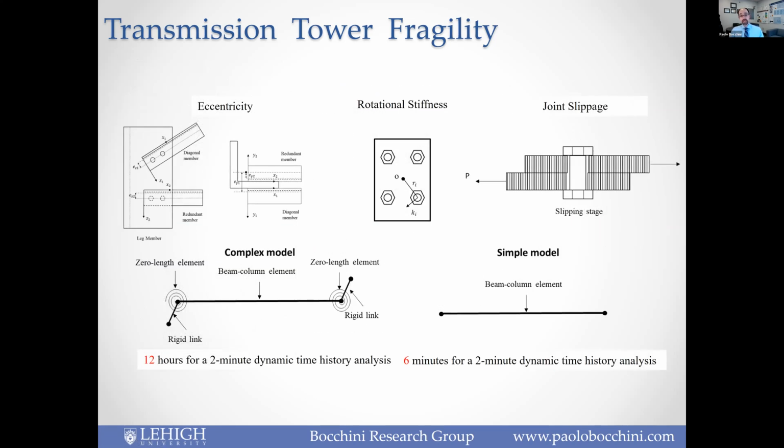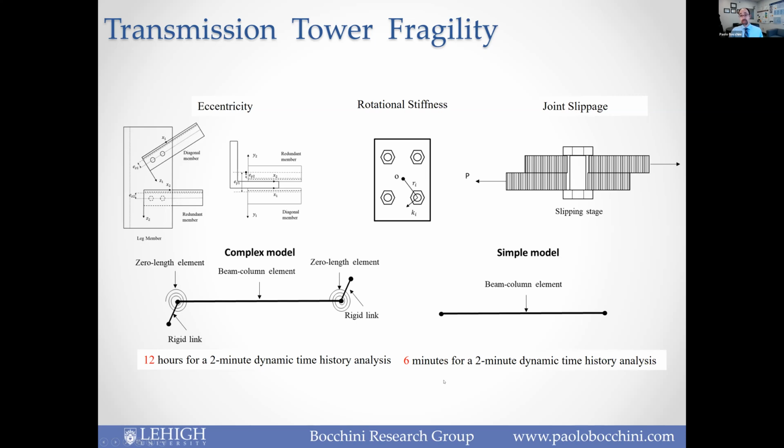We had to do something similar, for instance, to model those joints, because we showed that if we had to do an analysis with the joint models for every joint in our truss, the computational time would be 12 hours, even with those efficient models. And what we wanted was a much simpler model that would take only 6 minutes.